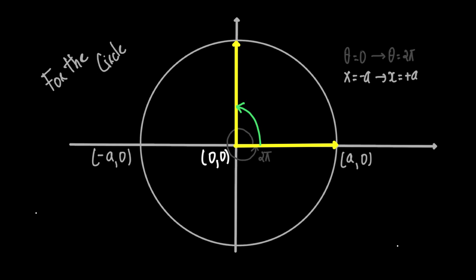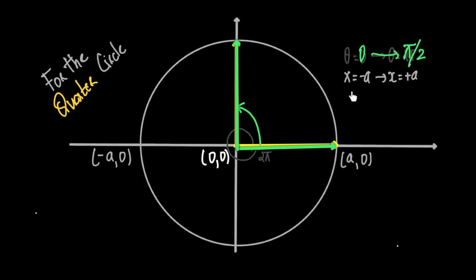Now let's see what happens in not the complete circle. We need only the quarter of a circle. So for the quarter of a circle, if we assume this to be the base arm and another arm which rotates like this and reaches the quarter, the angle subtended by this rotation is pi by 2 radians, and therefore theta will vary here from 0 to, my bad, not 2 pi, this time it would be pi by 2.